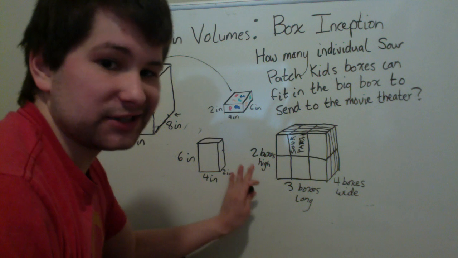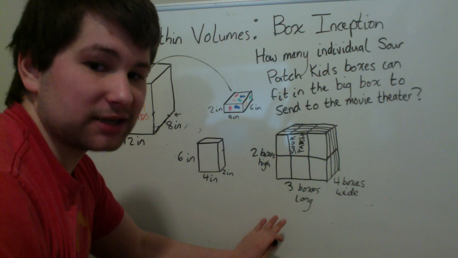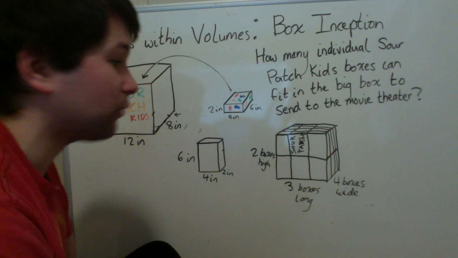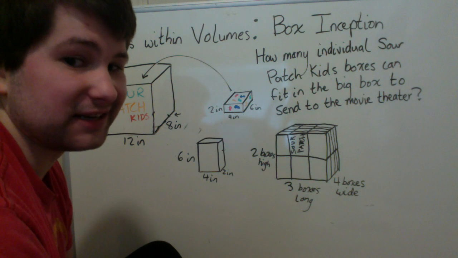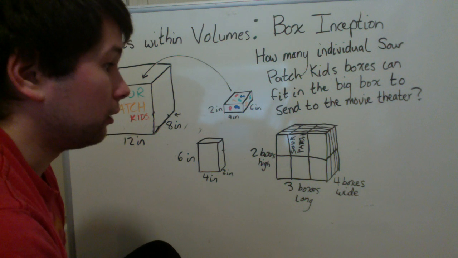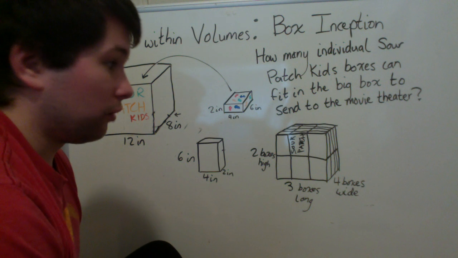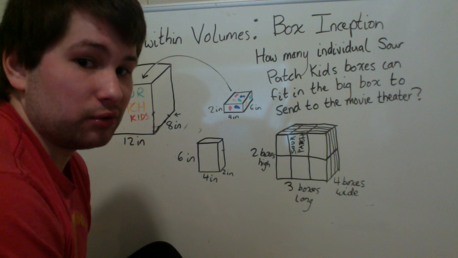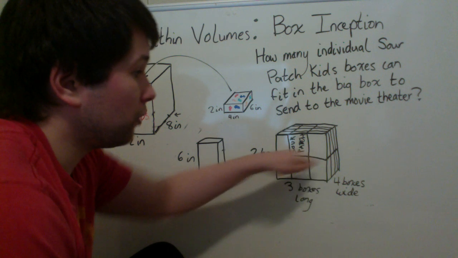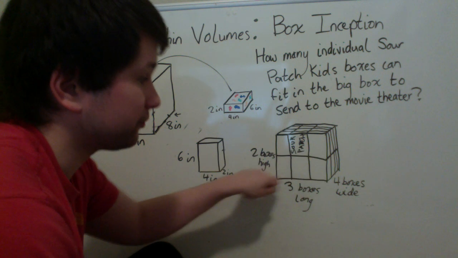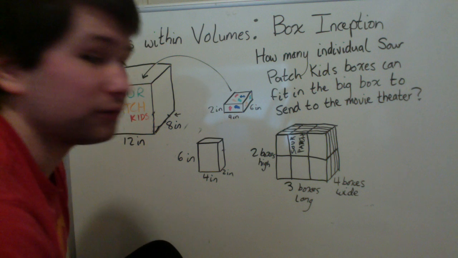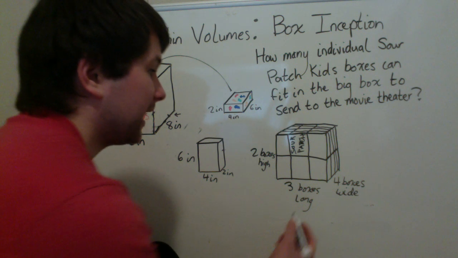So, if it is 2 boxes high and it is 3 boxes long and it is 4 boxes wide, how many boxes are we fitting in total? How would you figure that out? Well, I think it's easiest just to find the ones in the bottom half. If there's 3 boxes long and 4 boxes wide, I know there's 12 boxes in the bottom half.